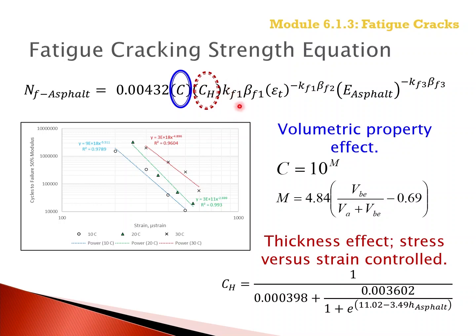So these are the variables, the KF1 from the laboratory, that are entered into the PMED design software, and they're derived from the laboratory testing of different asphalt mixtures with different conditions.